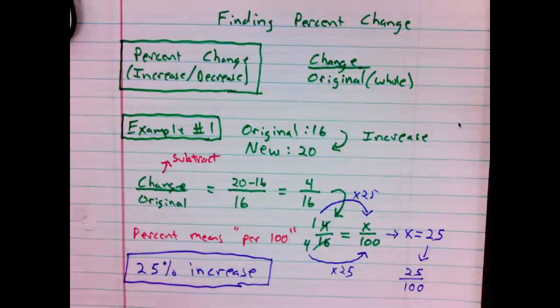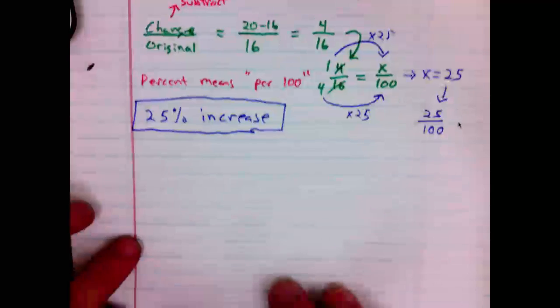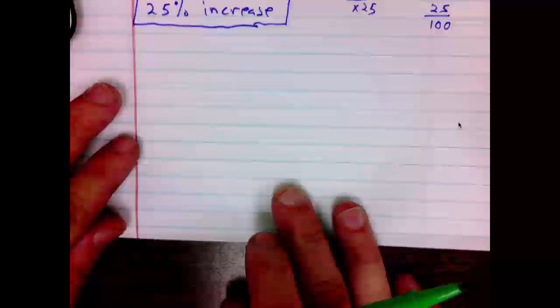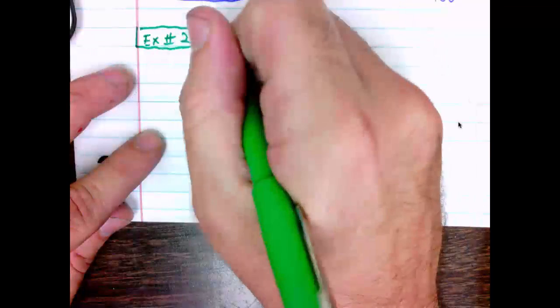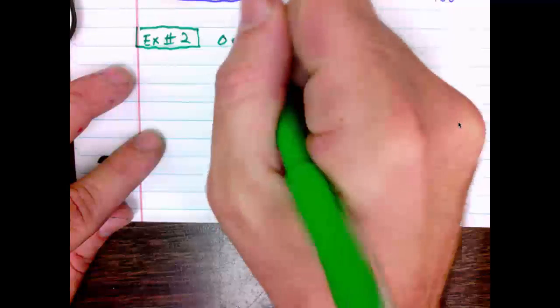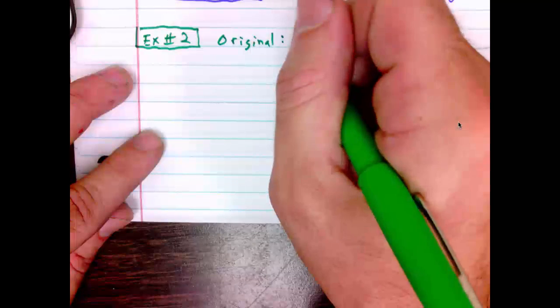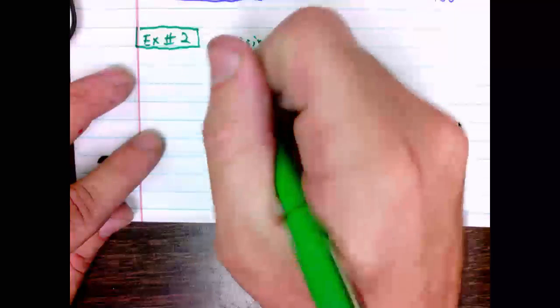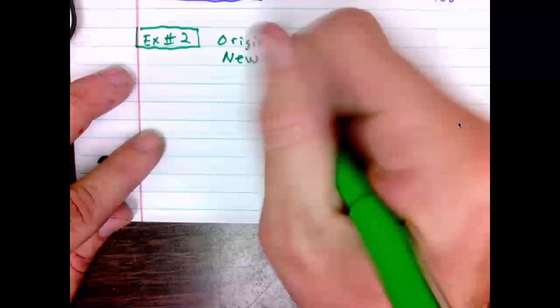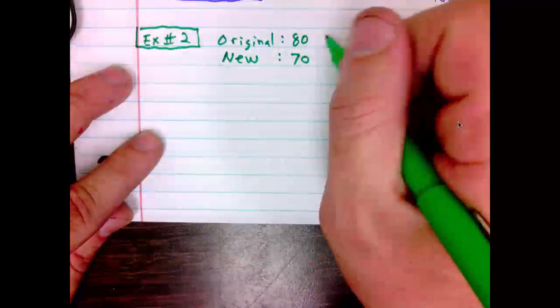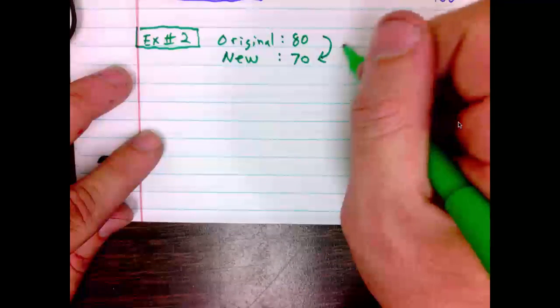Example number 2. Original 80, new 70. In this case, we have a decrease.